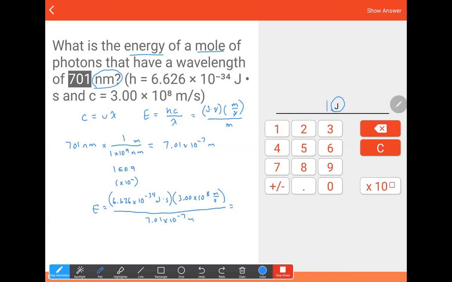Let's see where we end up. A little bit harder to do. 6.626, I'm going to use my EE button, to the negative 34, times 3.00 EE to the 8th, and then divided by 7.01 EE to the minus 7th. Still get a tiny number, which is good: 2.84 times 10 to the minus 19th joules.